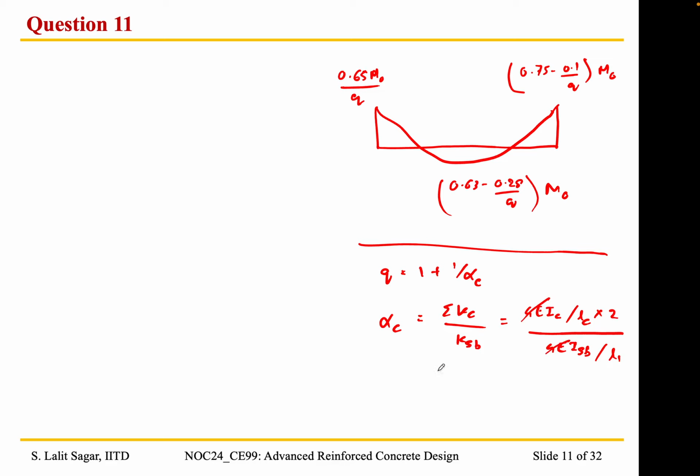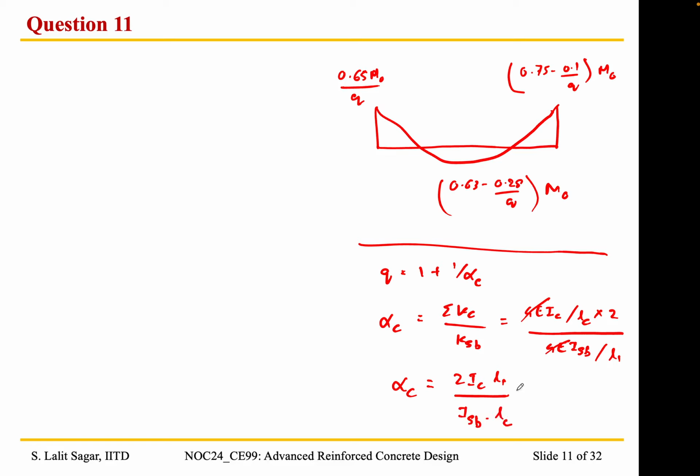So this simplifies into 2 Ic L1 divided by Isb into Lc.